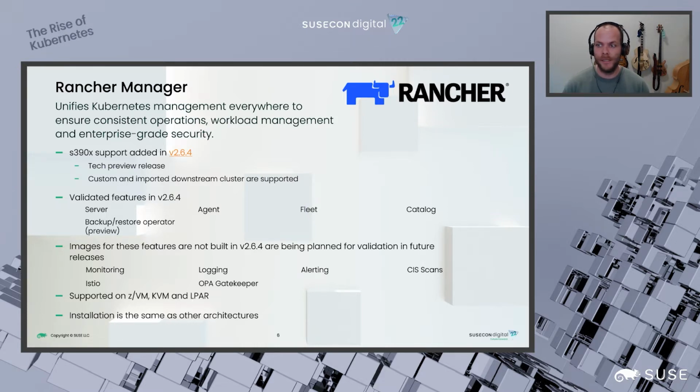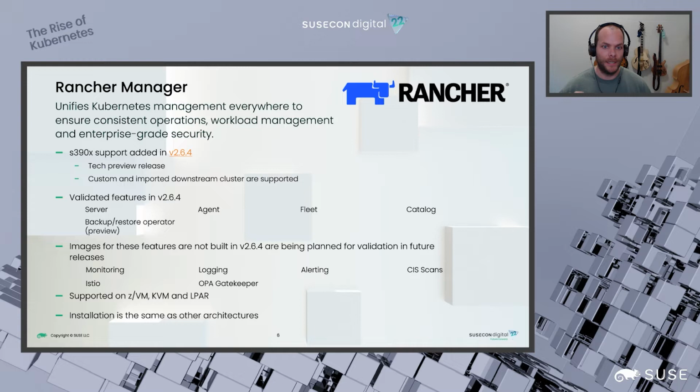We added S390X support in the 2.6.4 release, which was, I believe, in April, if I recall correctly. And we carried that forward into 2.6.5. In 2.6.4, we added it as a tech preview, and it's been labeled the same for 2.6.5.